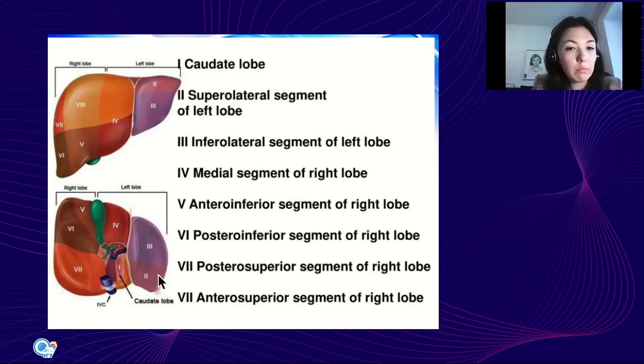Here we are moving clockwise: superolateral segment of the left lobe, then inferolateral segment of the left lobe, medial segment of the right lobe, which actually corresponds to the quadrate lobe, then anterior-inferior segment of the right lobe, posterior-inferior segment, and posterior superior segment of the right lobe, and anterior superior segment of the right lobe, which is actually invisible on the visceral surface of the liver, but we can see it on the diaphragmatic surface.